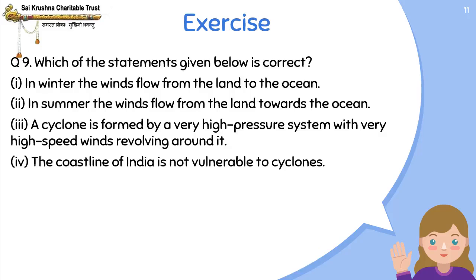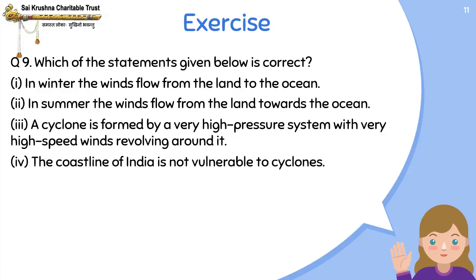So the fourth one, coastline of India is not vulnerable to cyclones, is incorrect because the coastline of India is vulnerable to cyclones. In fact, every other year we see cyclones hitting our coastline. Third one, a cyclone is formed by a very high pressure system with high speed winds revolving around it.